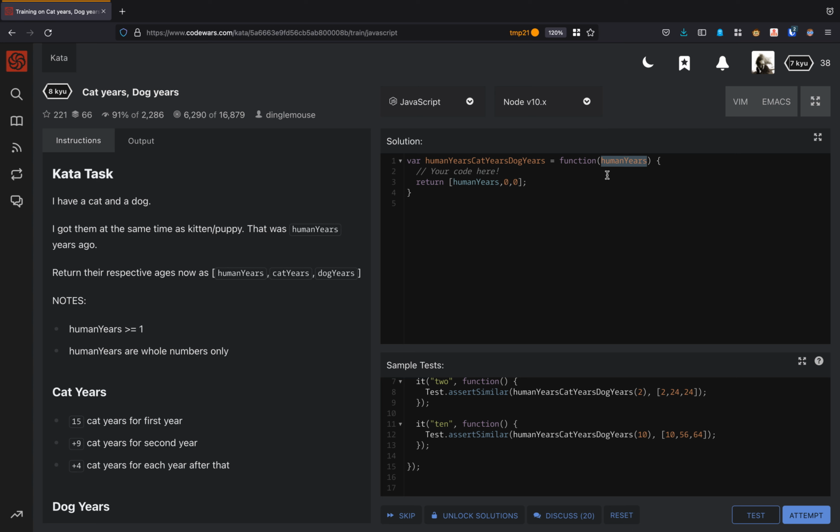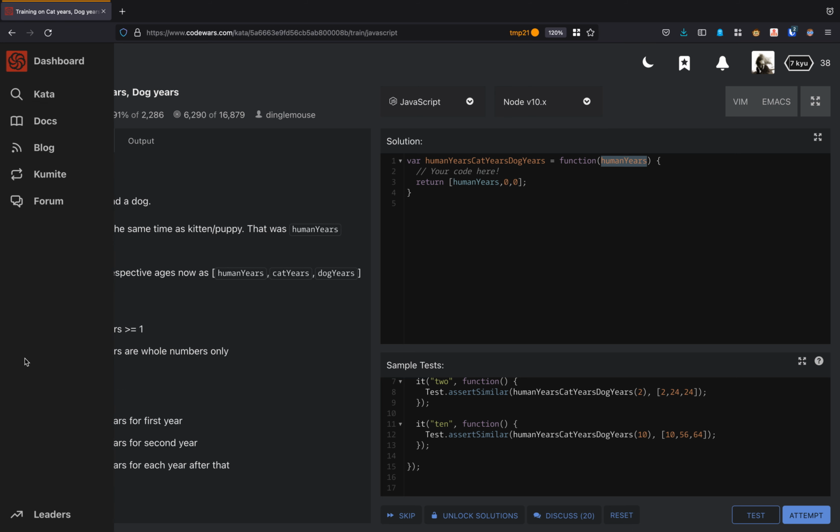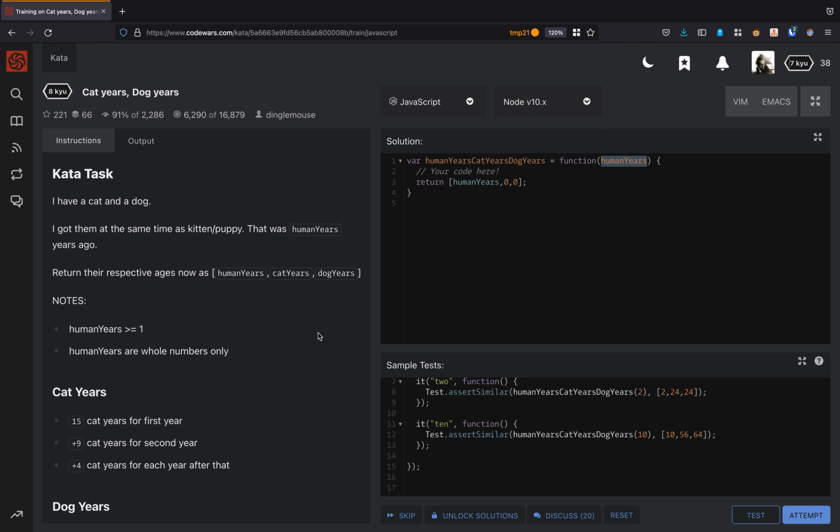And then we could take the index of that loop and check against a table of human years to cat or dog years, and return the value from there. That could be one solution. Or simply put, well, let's see where we get.